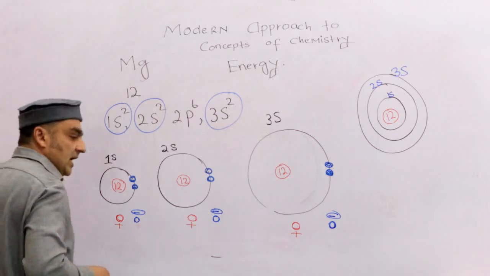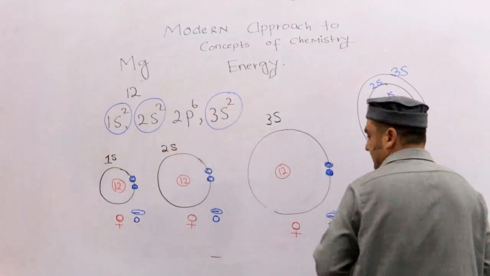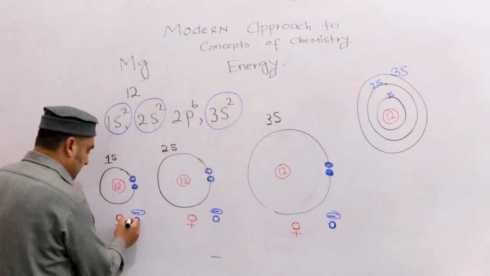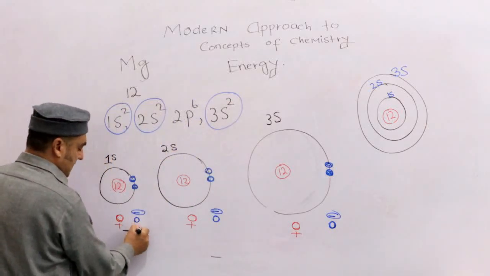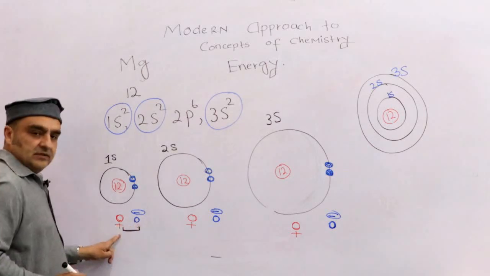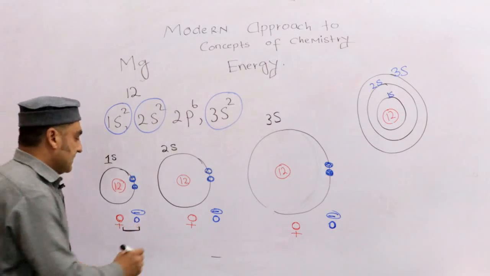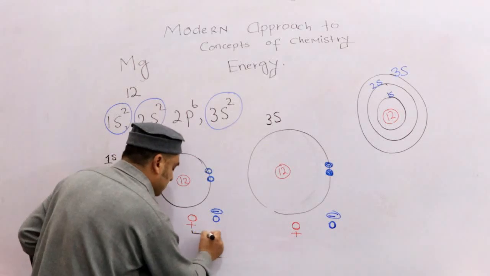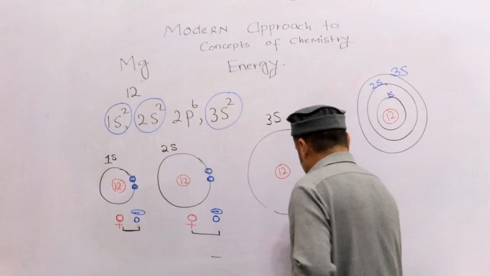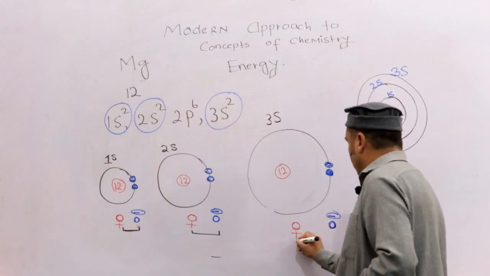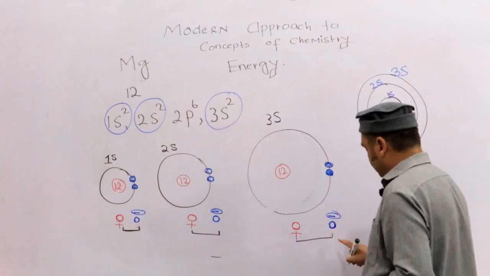But what I want to show you is the distance between the positive and the negative. In this case the distance is like this, here the distance between the positive and the negative is this, and here it is this.